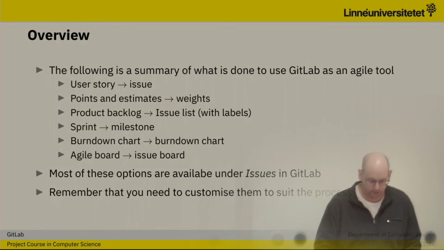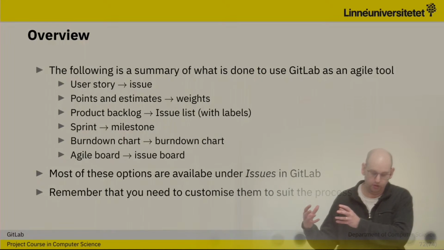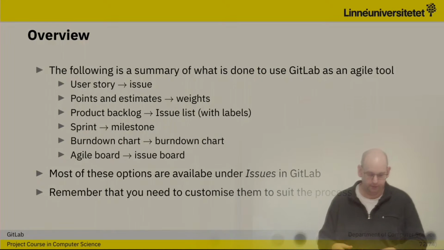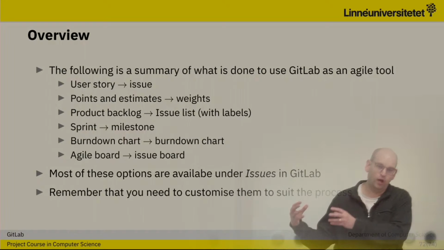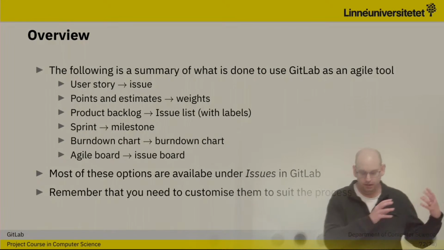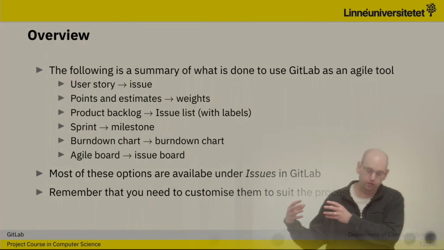And basically what we have is, the agile term user story is what we call issues in GitLab. Points and estimates are weights in GitLab. Product backlog is the issue list, possibly with labels.